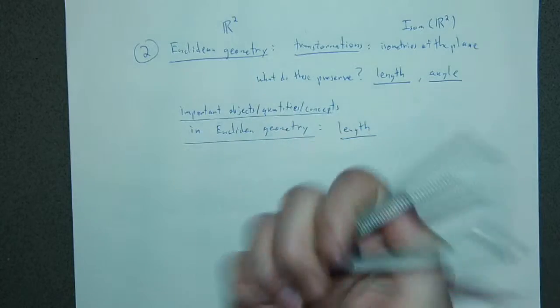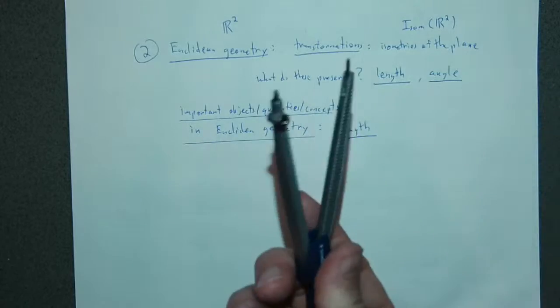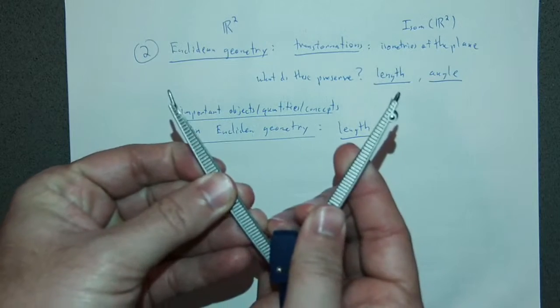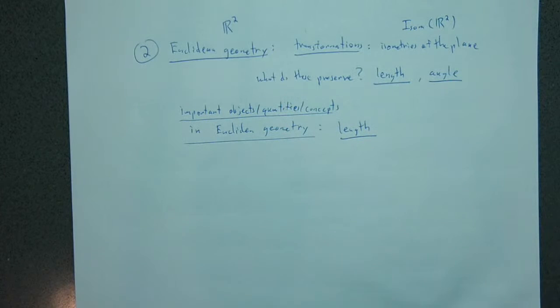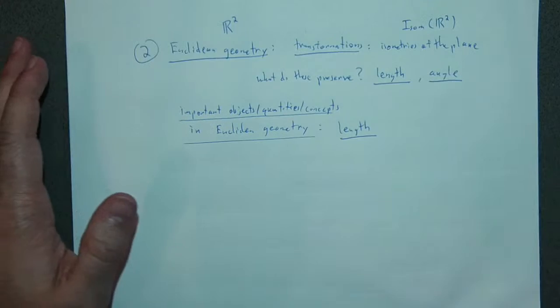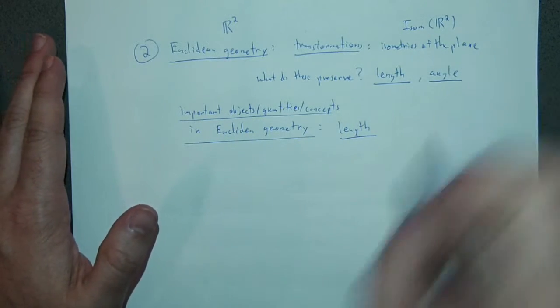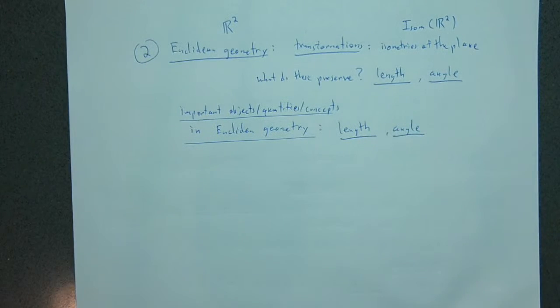I can do combinations of those, glide reflections, whatever I want to do here, and that angle is unchanged, right? At no point do I squish these together or pull them further apart, right? Using isometries or combinations of isometries, I have that angle fixed. So even though angles are not mentioned anywhere in the definition of isometry, it fixes this. So angle is an important concept in Euclidean geometry because it's fixed by these isometries. What else is fixed?